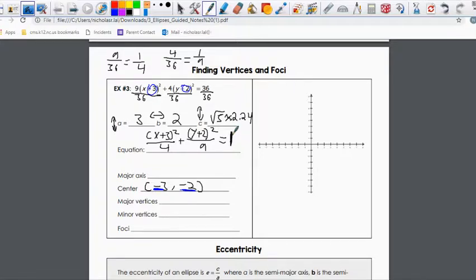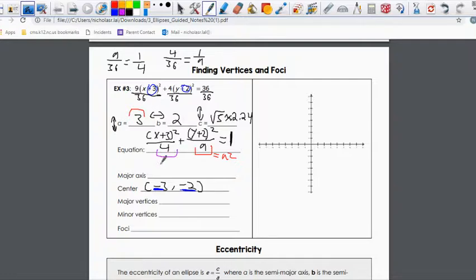And from the standard equation, we've come up with a bunch of things. We've already come up with the center. And we found A because A is the longer of the two, so it's going to be the larger of the two denominators. So that 9 is associated with A. That 9 is equal to A squared.